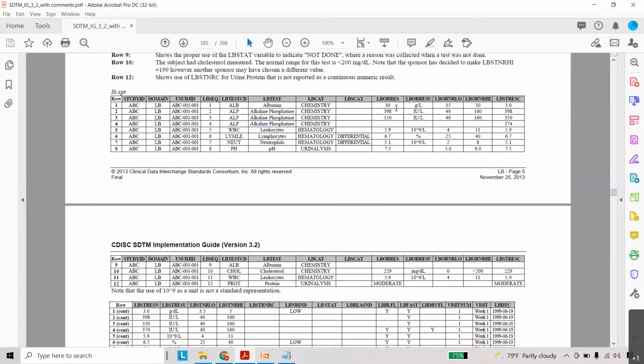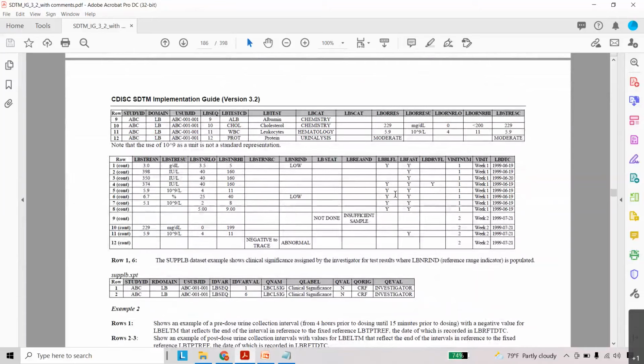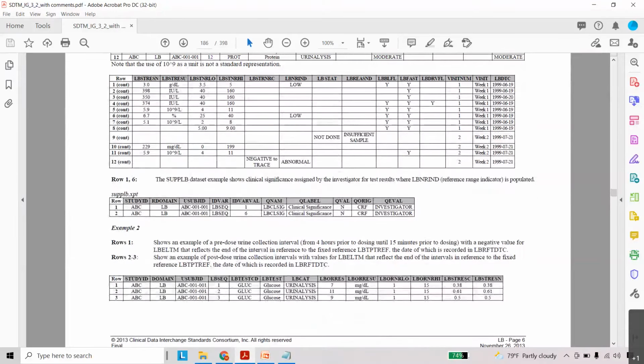Since the original results are missing, the original results units are also missing. Since the original results and units are missing, the original results normal and the lower and higher range values are also missing. So please try to understand the variable values when you read, and if you have any doubt, please let me know. Thank you for attending the session.